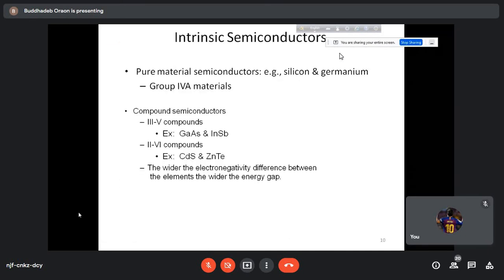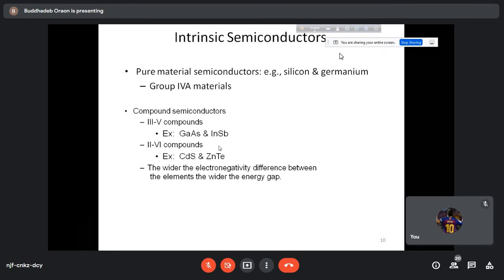These things you have already studied. Here are some of the artificial semiconductors and also intrinsic semiconductors. We have some pure semiconductors like silicon and germanium, as you know, but there are compound semiconductors which can be artificially manufactured.